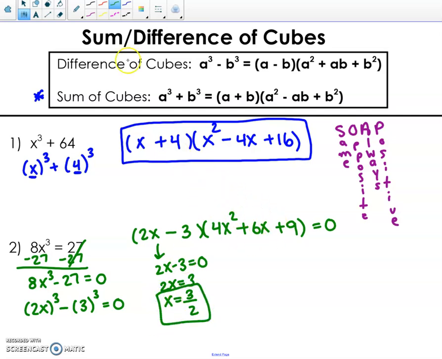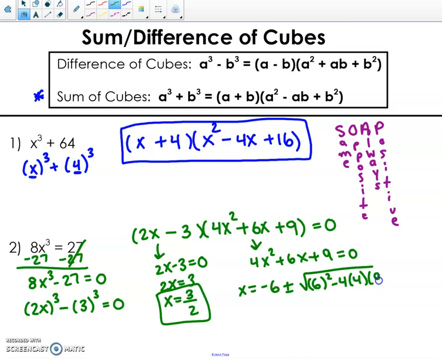Now the second factor that we have here, this quadratic, we know it's not factorable. If you want to try to factor it, you can. It's not going to work. So when we can't factor something, we have to use the quadratic formula. So we're going to do x equals negative b plus or minus the square root of b squared minus 4ac all over 2a.